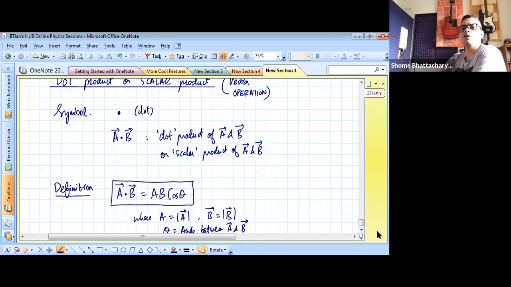So if we put a dot between two vectors, it means that we are doing this operation. We are calculating the scalar product of the two vectors, and that is given by the formula AB cos theta.